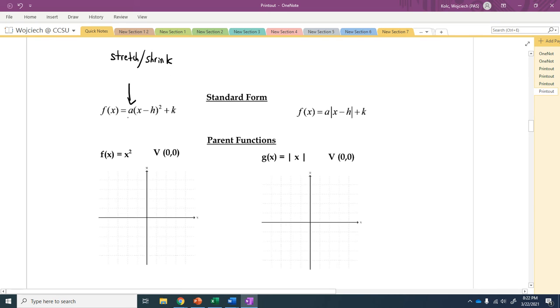Okay, it also tells you the direction, whether the parabola or the graph opens up or down. This h value tells you left or right. And this k value tells you whether you go up or down.